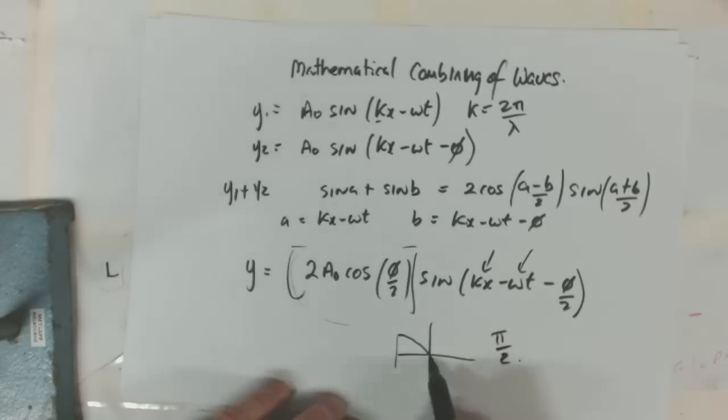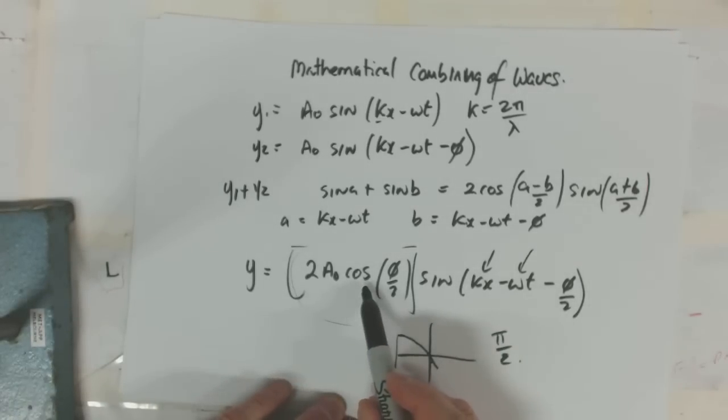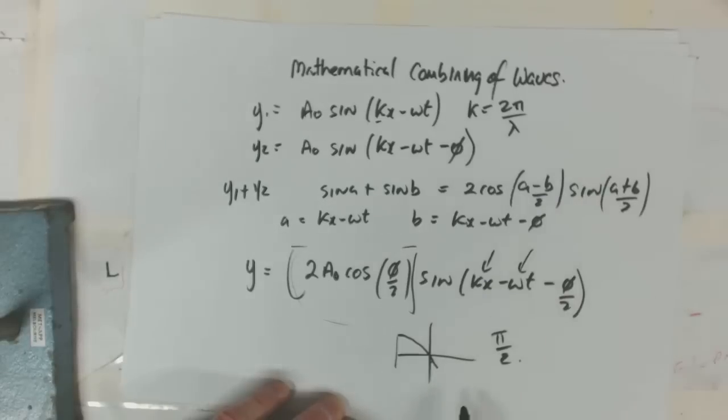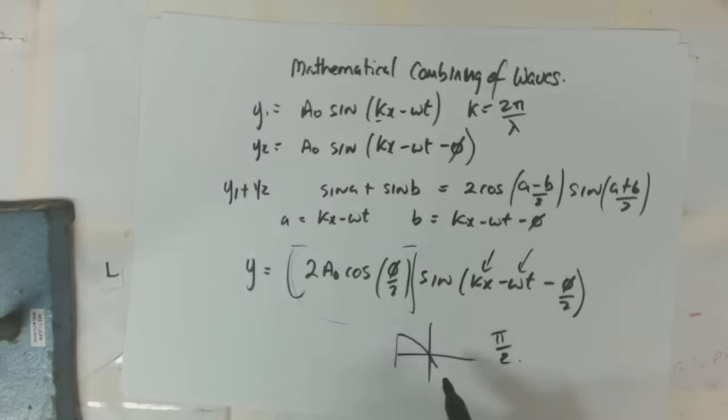So a cos goes to 0 when the angle equals pi over 2, or 90 degrees. So if the phase difference in the two original waves is pi, then this becomes pi over 2, which becomes 0. So that's basically telling us that when we've got two waves 180 degrees out of phase, they will totally cancel out.